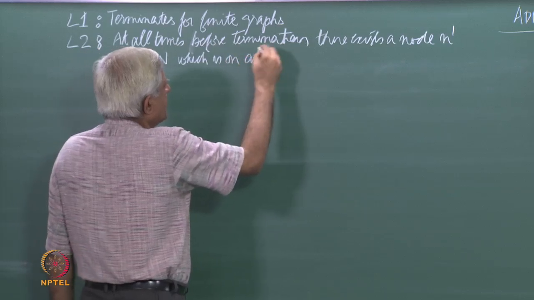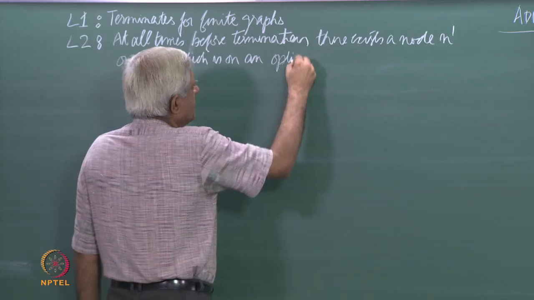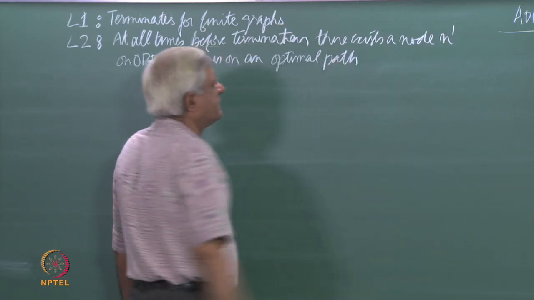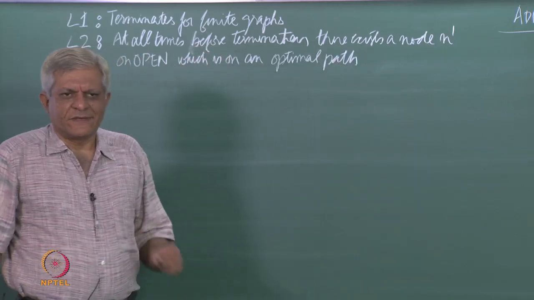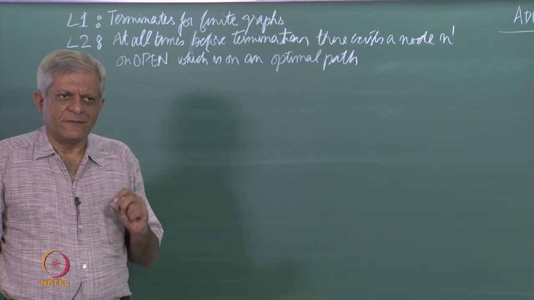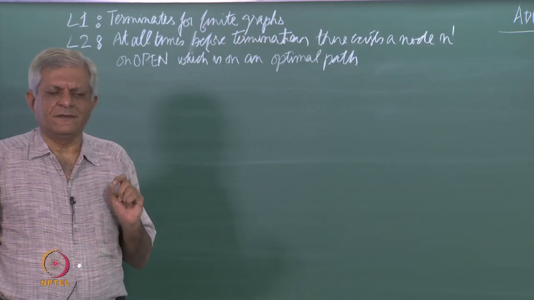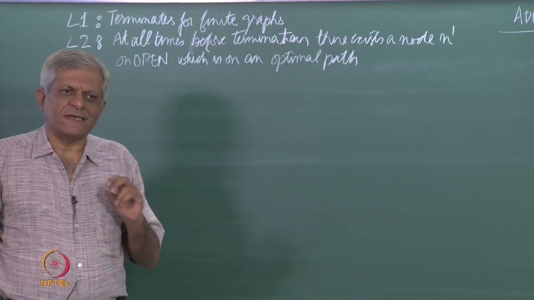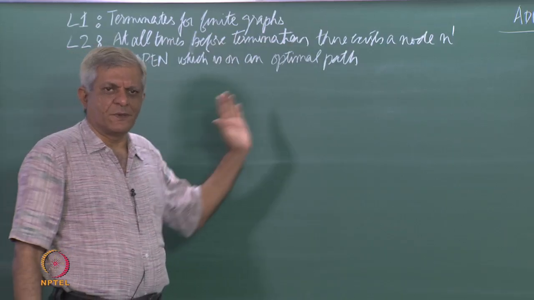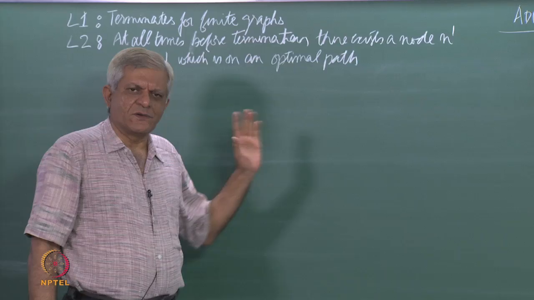I will just say an optimal path because there could be more than one optimal path. So, the next statement that we are making is that before the algorithm terminates, it will always have in its open list one node which we will call n prime, which is on the optimal path from start to goal essentially.